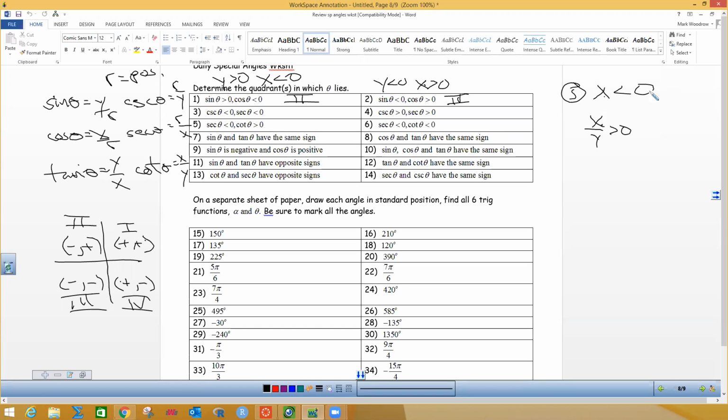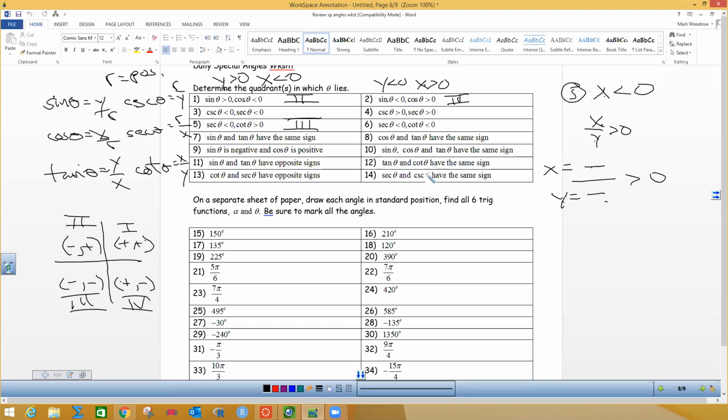So x less than 0 means that x has to be a negative. So this is a negative over something that's got to be greater than 0. So I hope you know that if you take a negative divided by what gives you a positive number. So a negative divided by a negative gives you a positive, which means y is also negative. So x is negative and y is negative. So since both those are negative, that's quadrant 3 for this one.